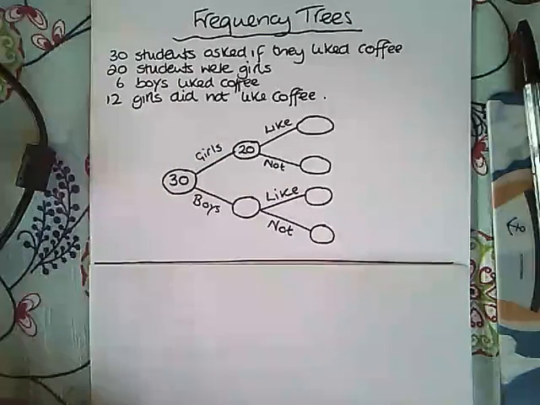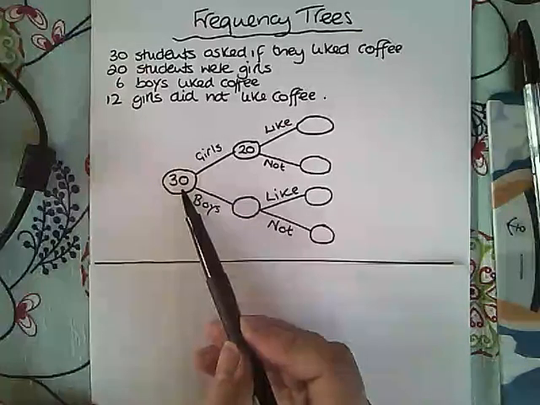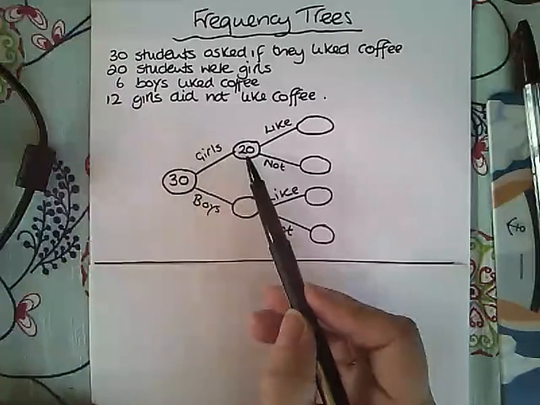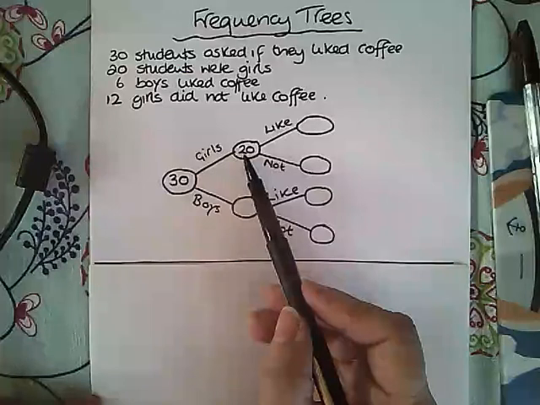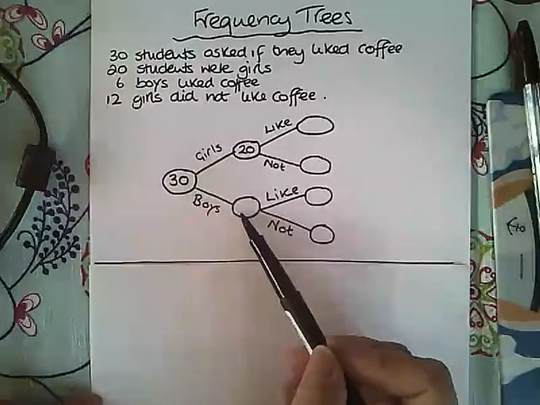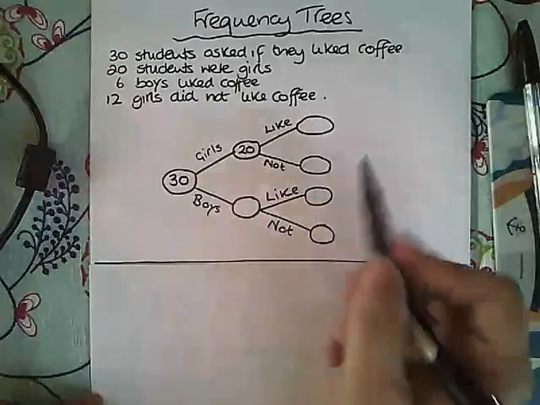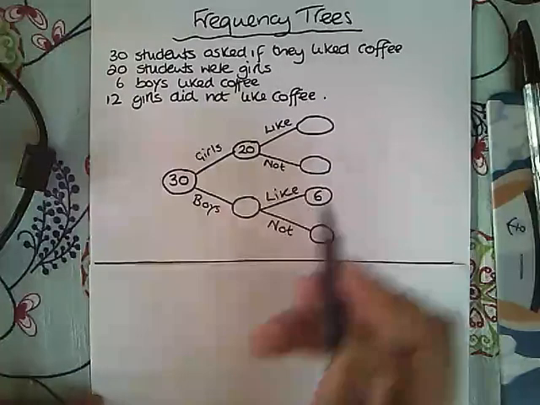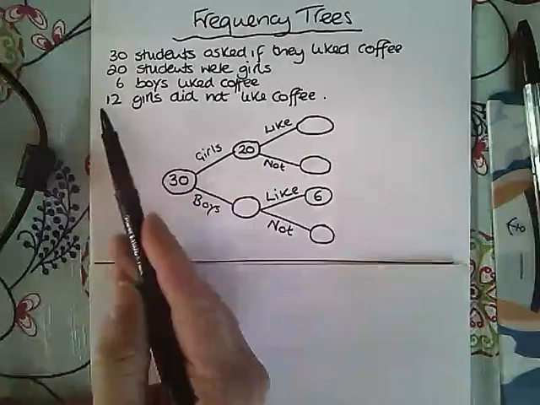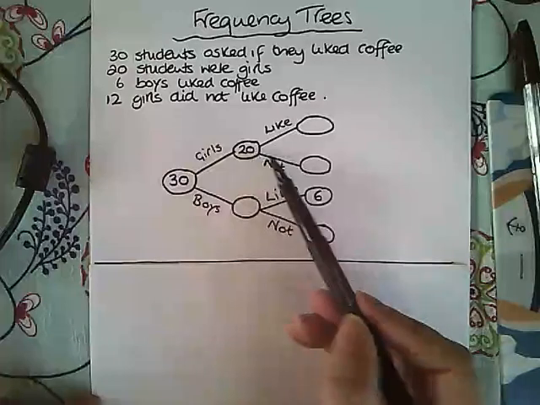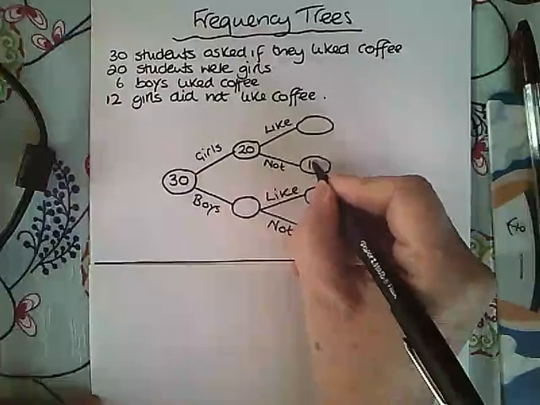And then we fill in the things that we have been given. So we've already done the 30 students who were the total. We've already done 20 students were girls. And then we've got boys who liked coffee are 6. And then we've got girls who did not like coffee were 12.